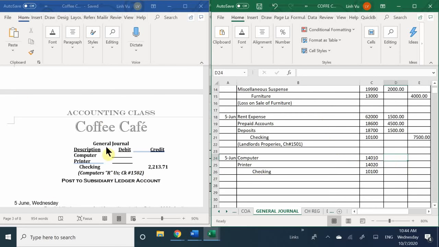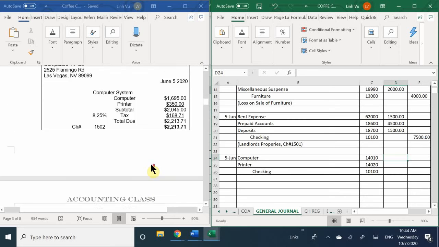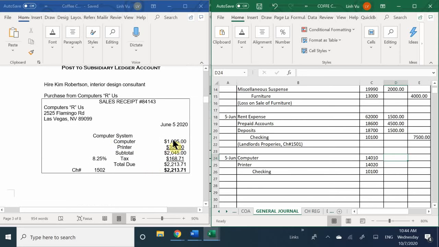So we know the original selling price for each item. The computer cost me $1695 and the printer cost me $350. So that's a really nice printer. It's got a scanner, it's got a photocopier, all the good stuff. So with that being said, now let's look at these two items. We need to use the percentage, right?